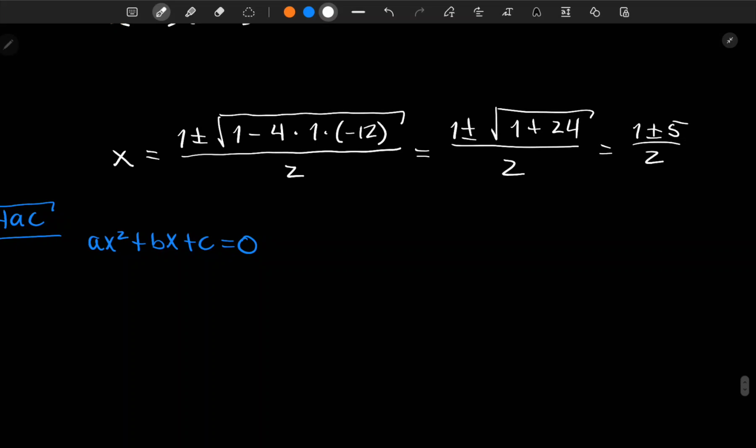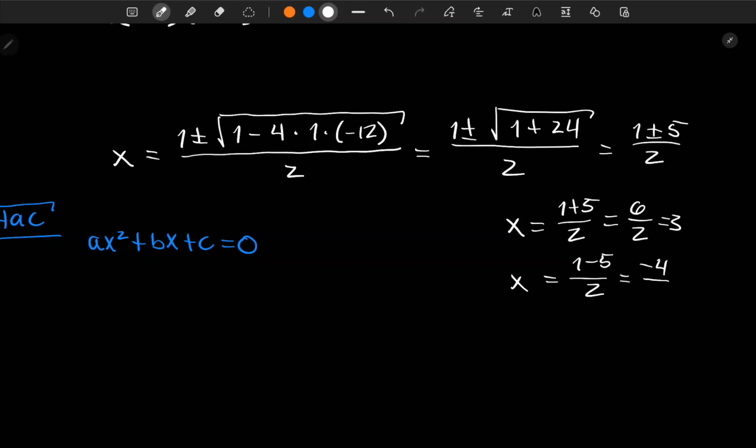So the solutions here are x is equal to 1 plus 5 over 2, which is equal to 6 over 2, or 3, or x is equal to 1 minus 5 over 2, which is equal to negative 4 over 2, which is equal to negative 2. So the solutions are 3 and negative 2.